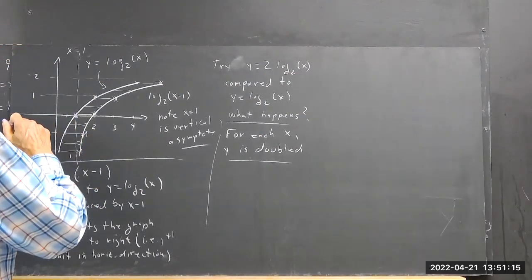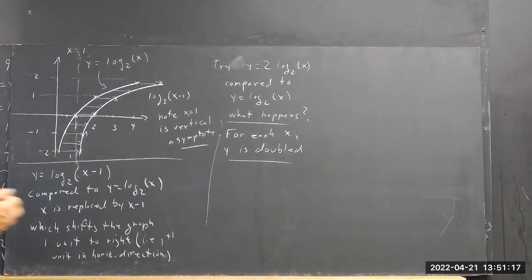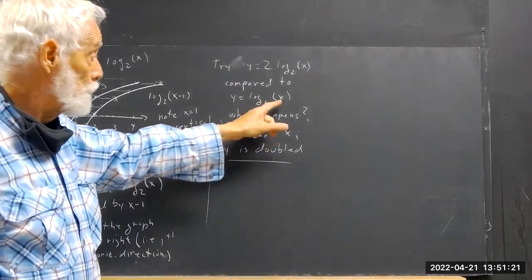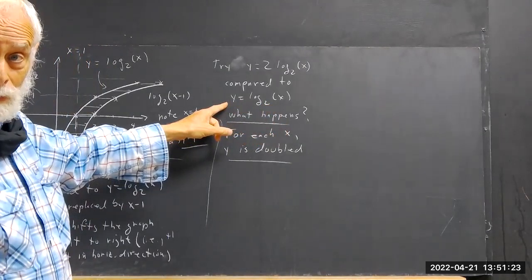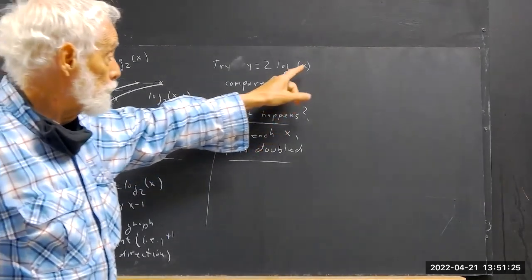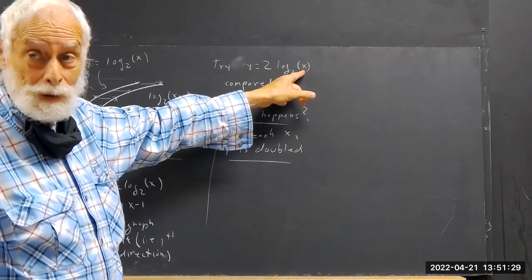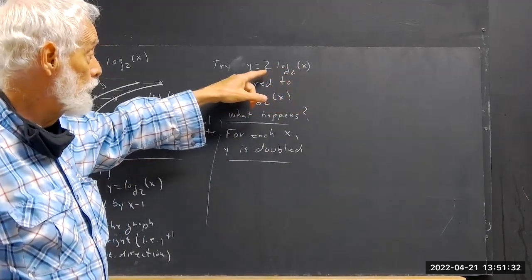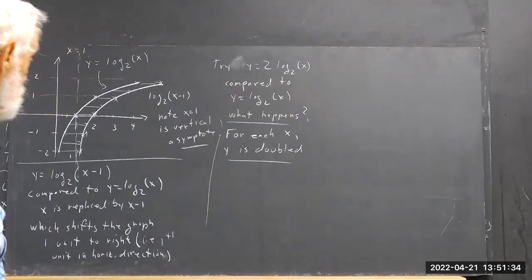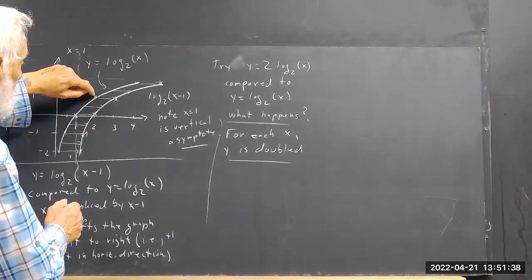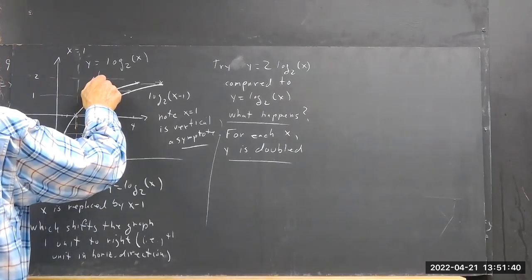Okay, let's say x is 2. If x is 2 here, well, the log of 2 is 1, right? Basic, basic log. And you multiply that by 2, you get 2. So x stays 2, y goes from 1 to 2. Y gets doubled.